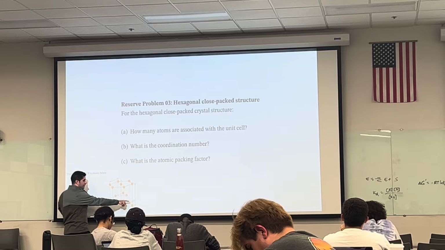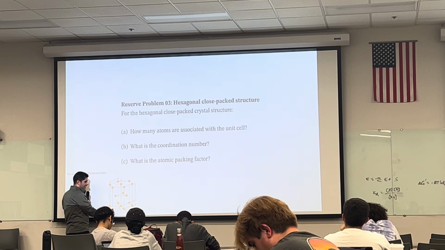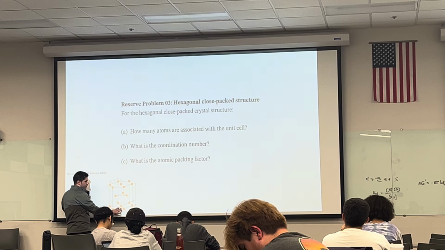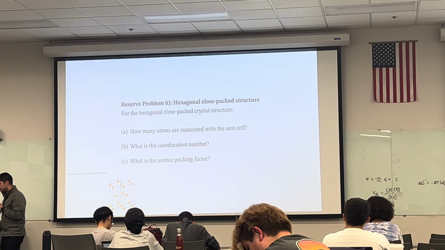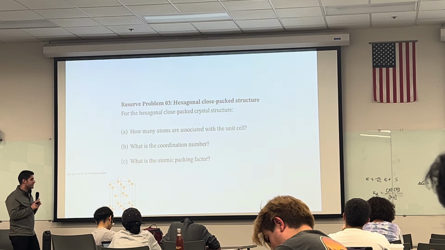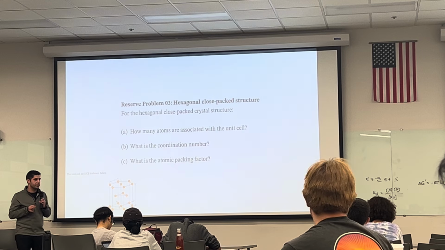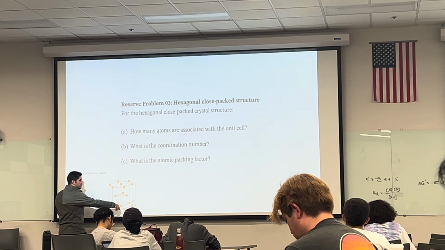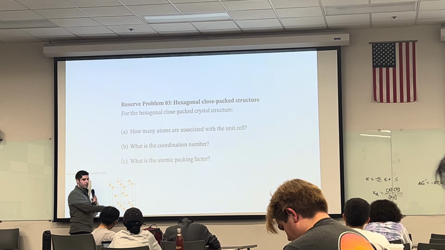We have C as the height of the total structure, and we have A as the edge of these hexagons. So we have to find the relation between A, C and R. And the total volume of the structure is going to be C times the area of these surfaces, right?